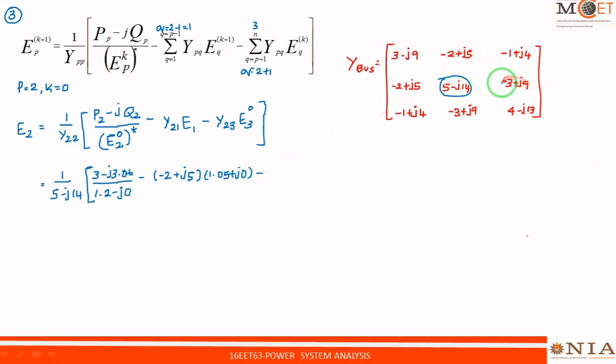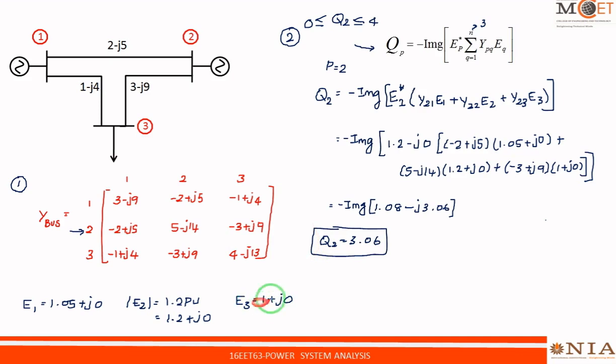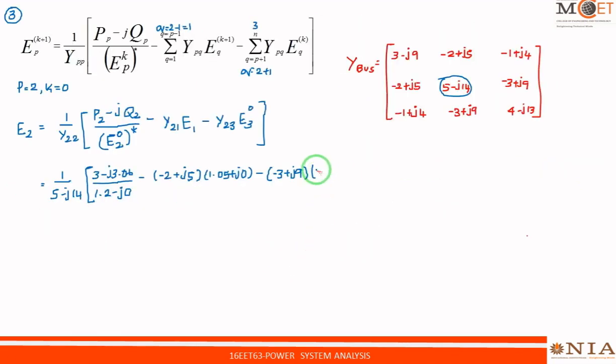The Y23 element is this, minus 3 plus J9, into E3 of 0. That is the voltage of bus 3, which is 1 plus J0. So this is the expression for E2.